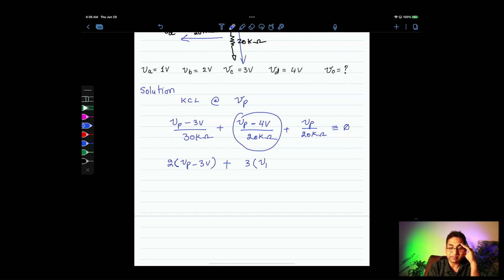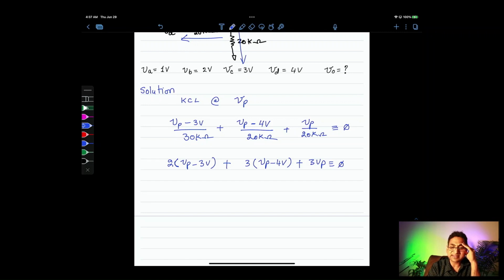So 3 times (Vp minus 4 V), plus this term gets a factor of 3 again, 3Vp. All of that equals 0.